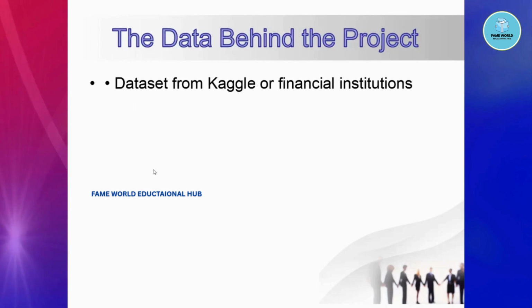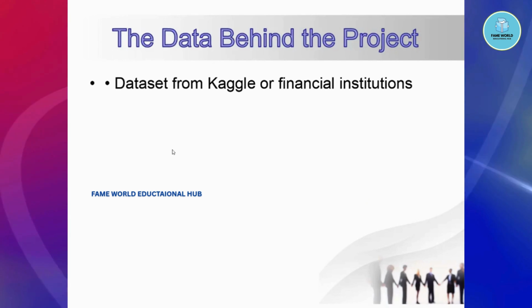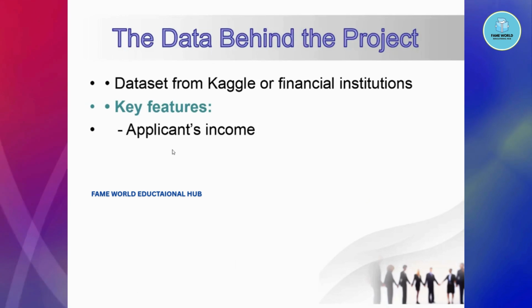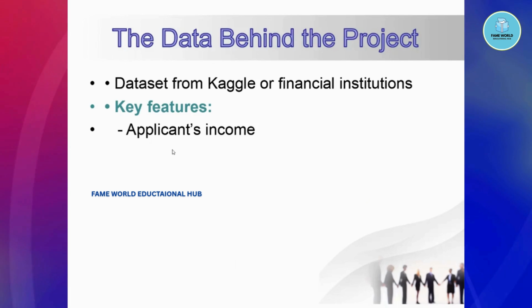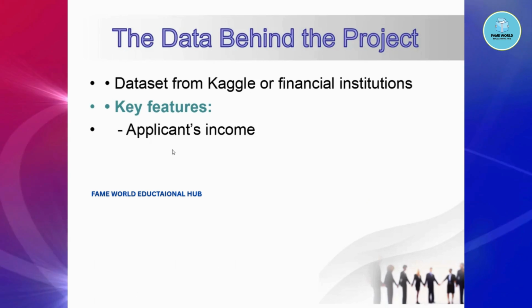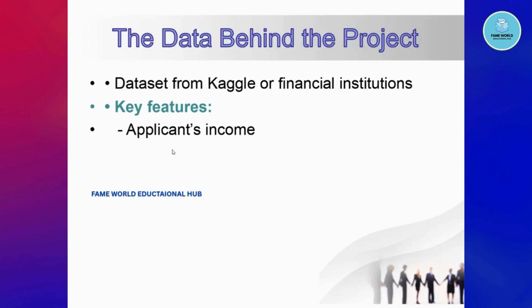All right, let's talk about the data because in machine learning, data is everything. In this project, we use datasets typically sourced from platforms like Kaggle or sometimes from actual financial institutions if available. Each row in the dataset represents a loan applicant.